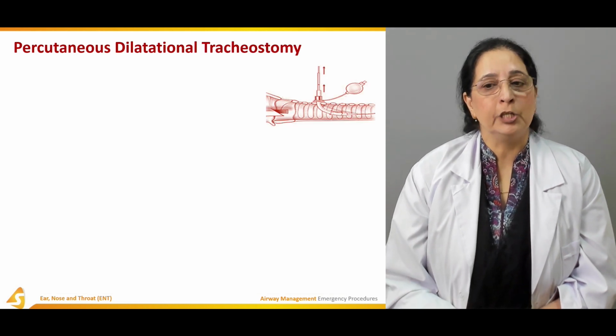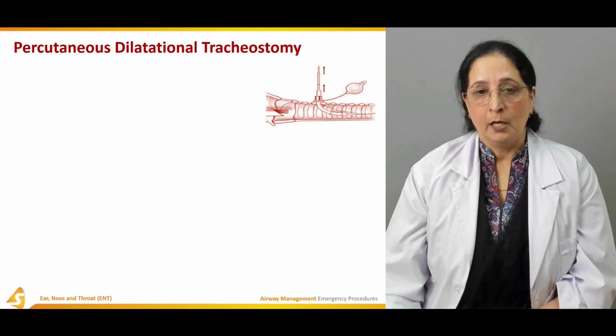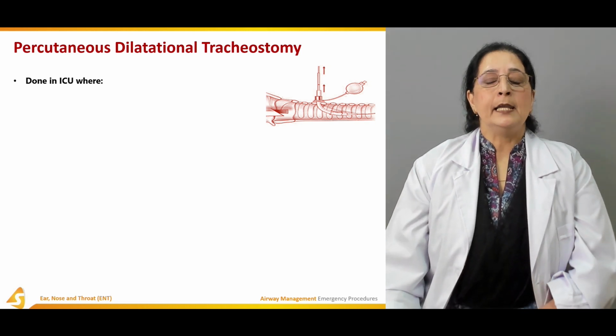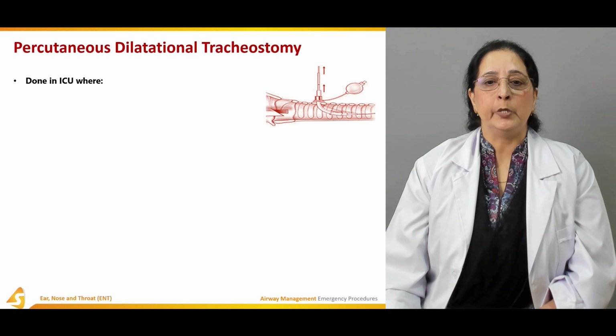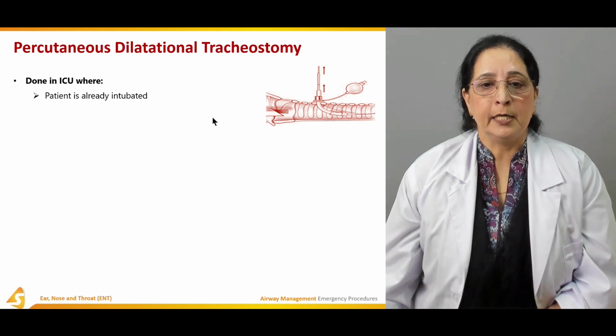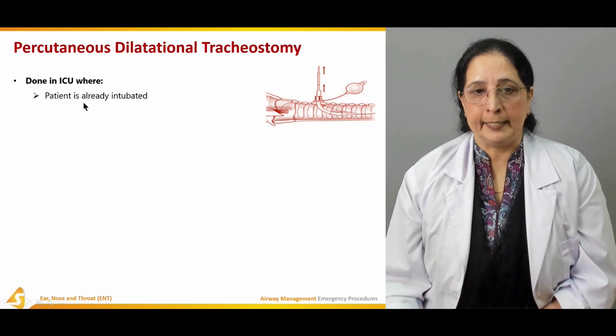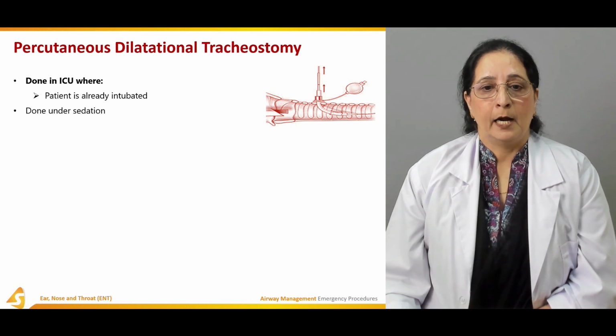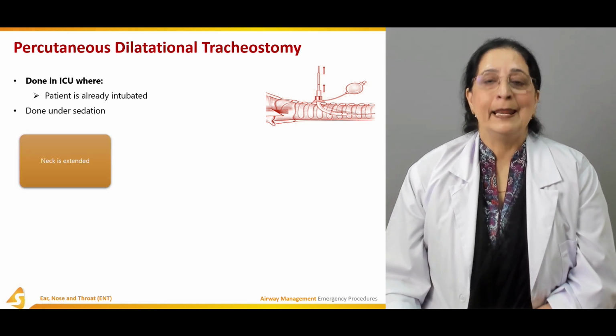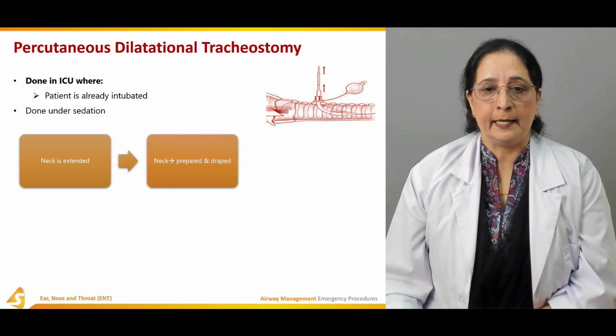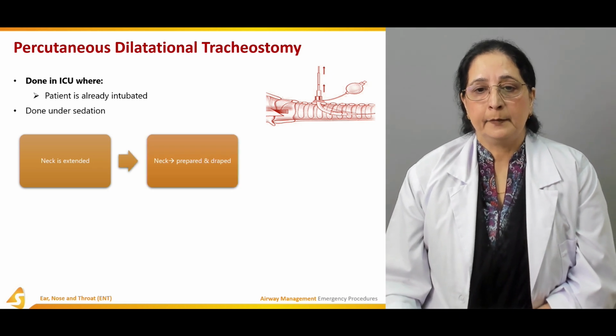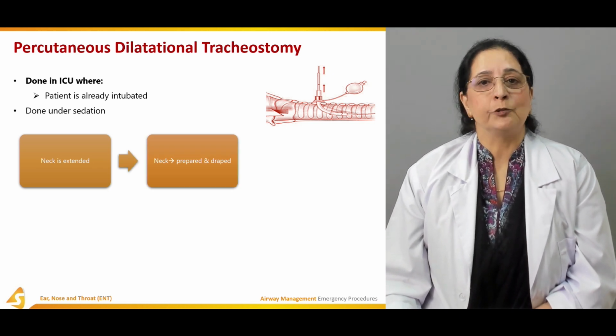Percutaneous dilational tracheostomy. What is this? It's done in the intensive care unit when the patient is already intubated. Under sedation, the neck is extended. The neck is prepared and draped.